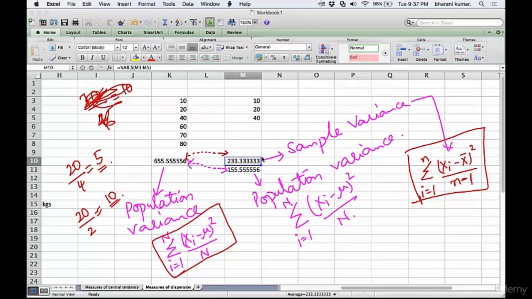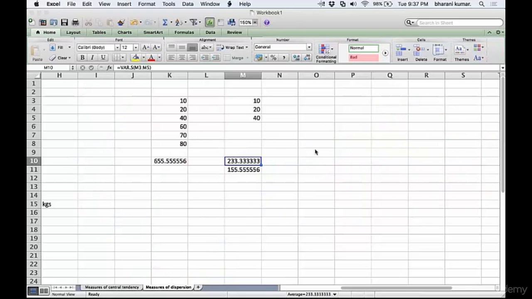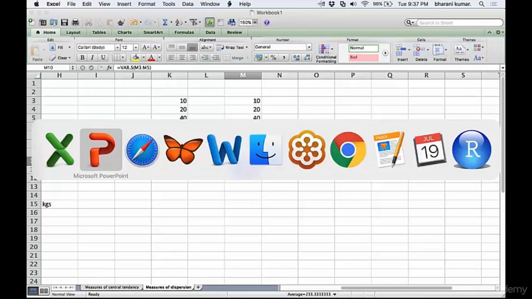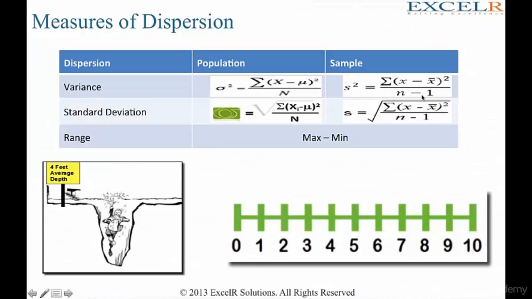So your sample variance would at least be slightly closer to your population variance. But if you use the same formula that you're using for population variance and calculate sample variance, it will actually go down further. And this is the reason why you use n minus 1 here. That is the reason why there is n minus 1 in the denominator.